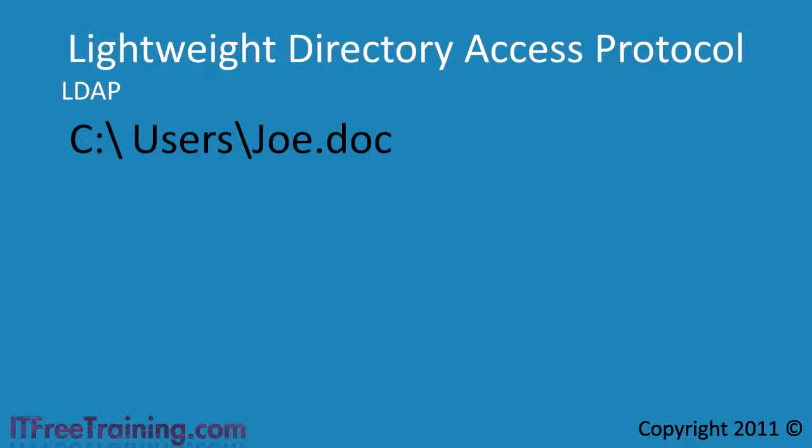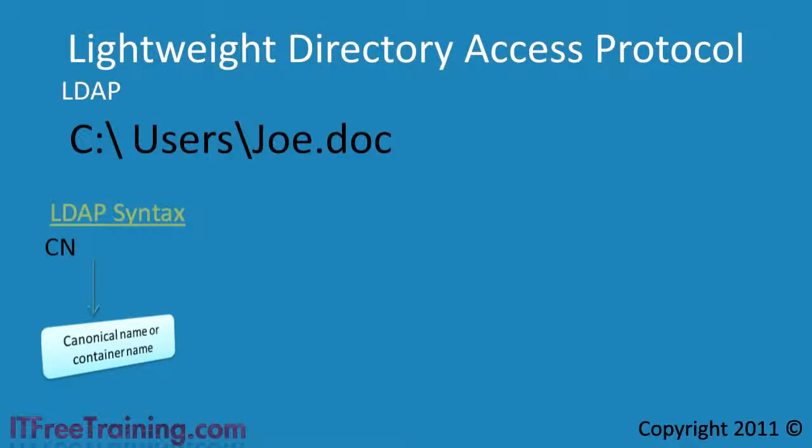The first terminology that LDAP uses is canonical name, or container name, or CN for short. Think of this as the file name in the example, or object in Active Directory. In this case, if you wanted to access an object in Active Directory called John, you would use CN equals John.